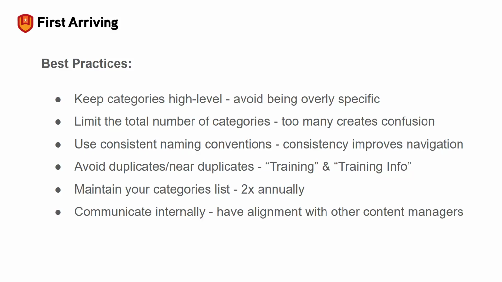Simple rules like all policy-related items use the policies and SOPs category go a long way to keeping everything consistent and not having people adding confusion or duplicity to that categories list. And that is how you create, maintain, and run your categories list.